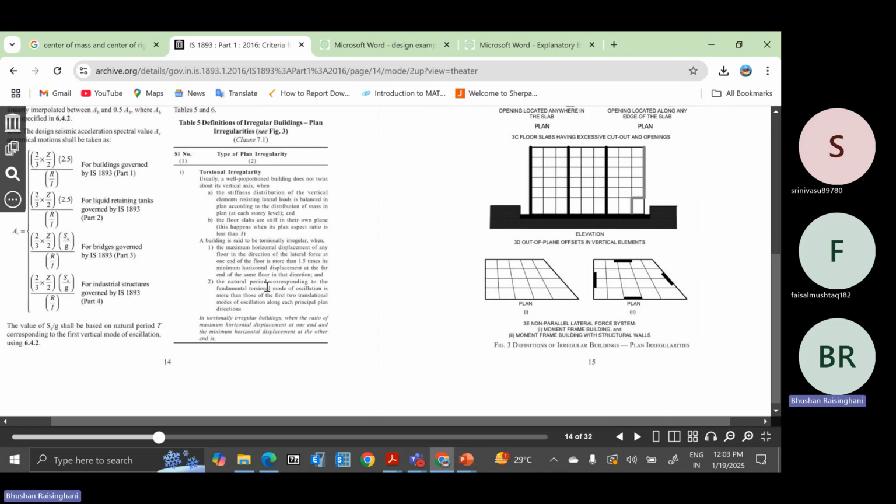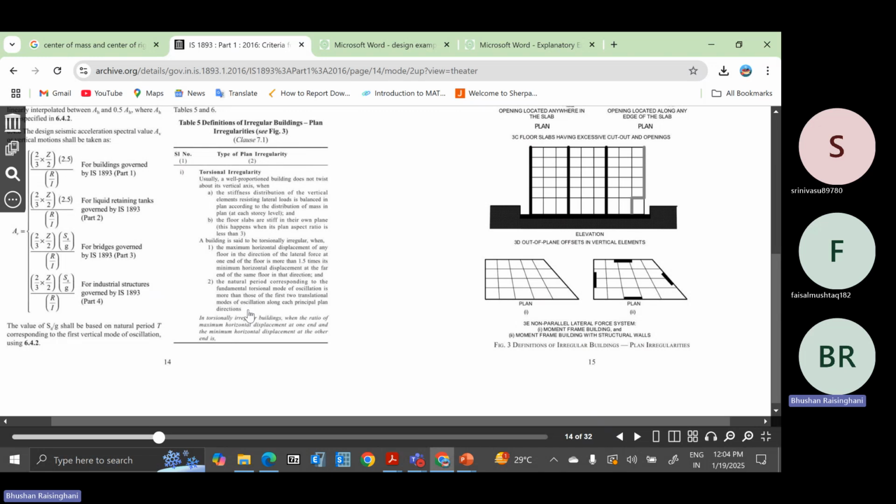Now, the natural period corresponding to the fundamental torsional mode of oscillation should not be more than those of the first two translational modes of oscillation along each principal plan direction. So it is saying that modal coupling should not take place. In that case, your time period in two directions, x and y: x is principal direction x, y is principal direction y.